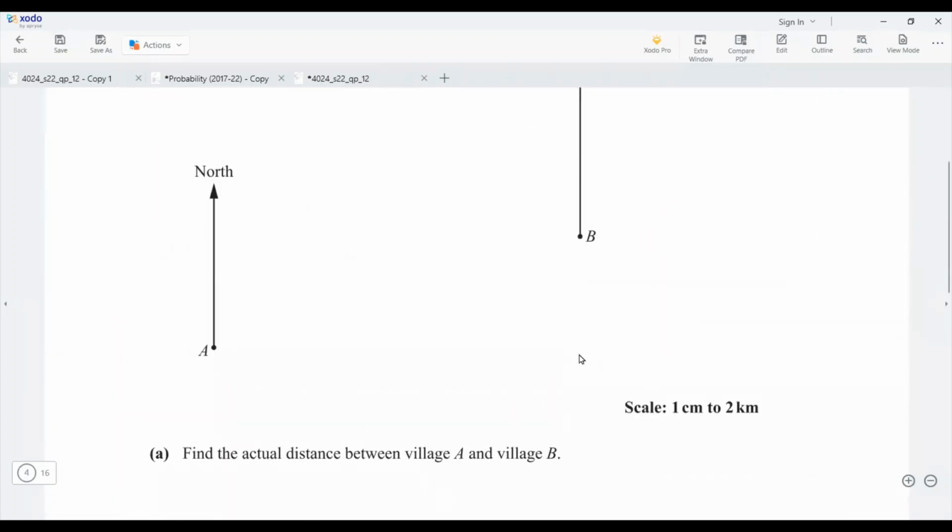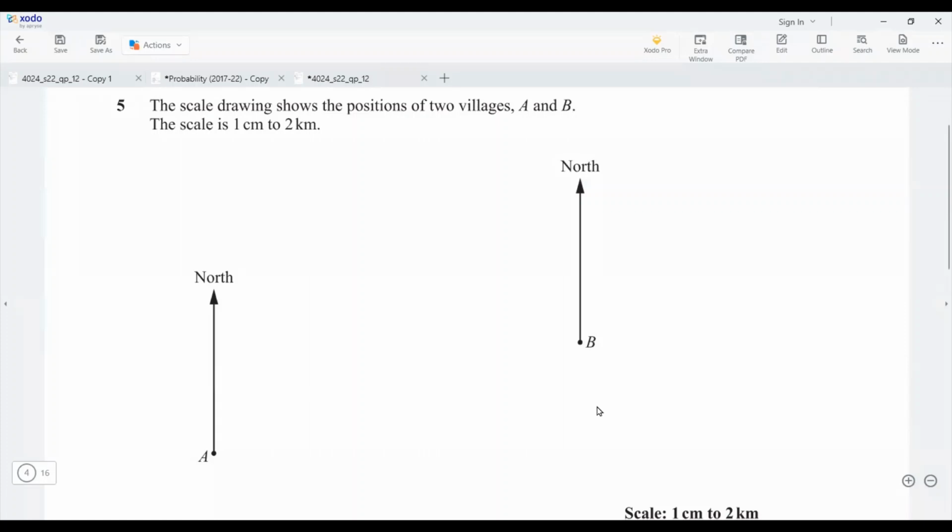In question number 5, there are 2 points given, point A and B, and north is mentioned as well. The scale drawing is shown on the paper, with two villages, A and B. The scale is basically 1 centimeter to 2 kilometers. Every 1 centimeter on the map represents 2 kilometers.